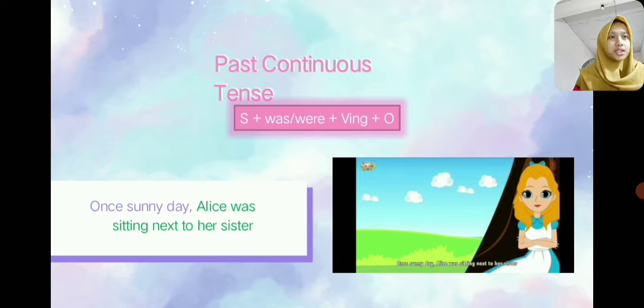The word was sitting tells that the situation is continuing at some point in the past. At that time, Alice was sitting next to her sister, so the situation was still felt by Alice at some point in the past. For past continuous tense, I could only find one example because there is just one sentence suitable with the formula.